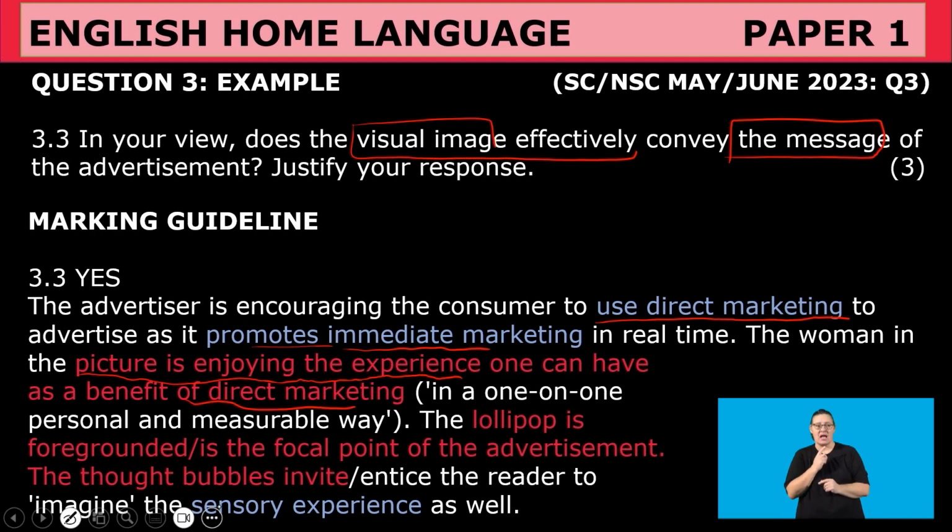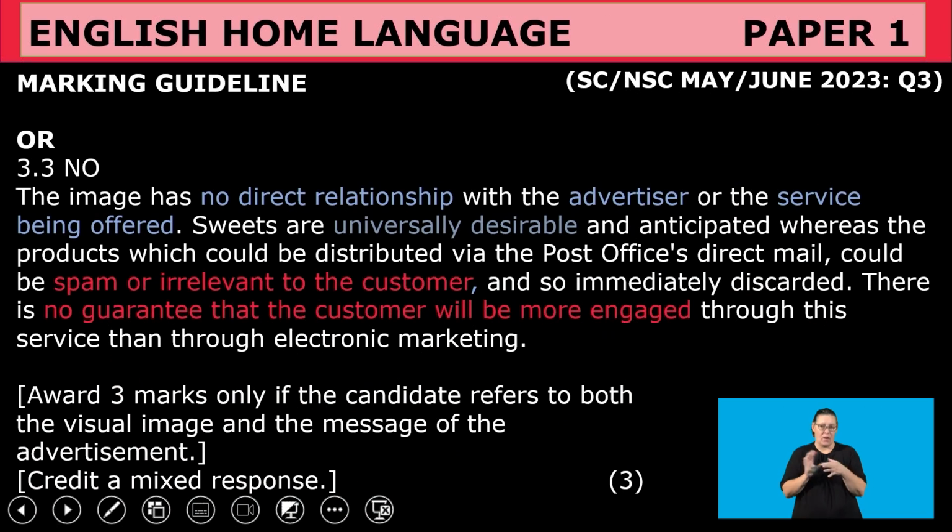It shows the sensory experience. There's also the lollipop is in the foreground. And then the thought bubbles also invite the reader and emphasizes the sensory experience. So make sure you focus on all the elements that are required in the question and the message and how those link. You can also have a negative answer.